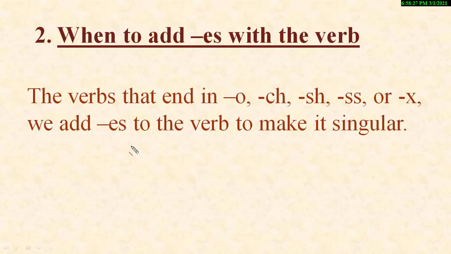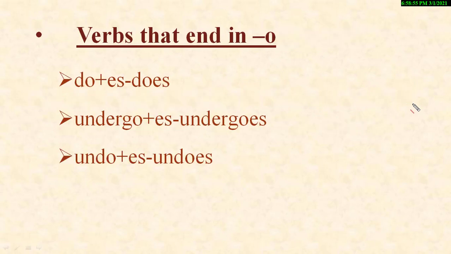Now let's see, when should we add es with the verb? When the verbs end in o, ch, ss, sh or x. The verbs that end in o, ch, ss, sh or x, we should always add es with these verbs. Let's see them with the help of some examples.